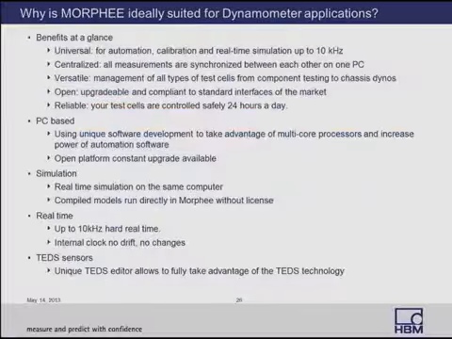Now we will see a few benefits of Morphy used in a dyno application. We've seen that Morphy is a real-time system that can run up to 10 kilohertz. It's a centralized system, which means it's running on one computer. It's only one PC, it's Windows-based, and we guarantee the real-time on a Windows platform using RTX software.